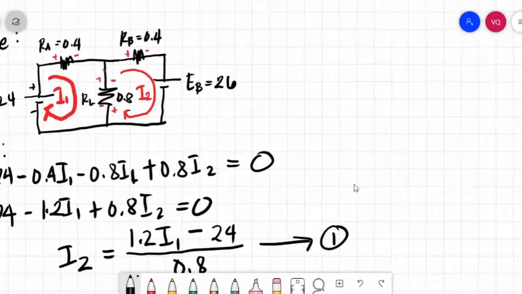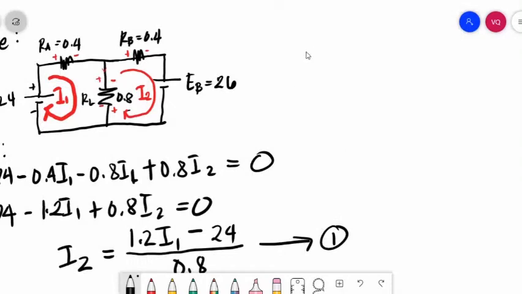So for loop current I2, we have here the loop current I2 entering the positive sign of a battery. So we will have a voltage drop in that, so we will have negative 26.